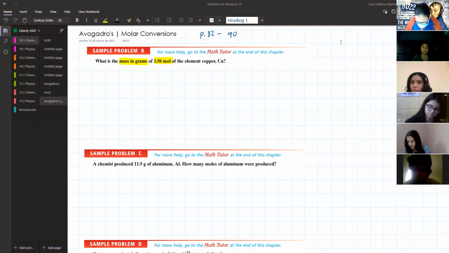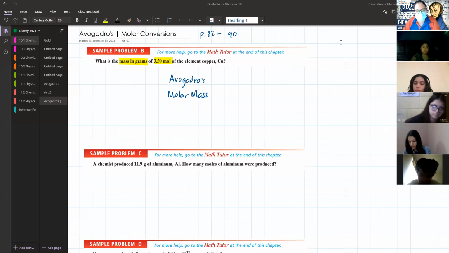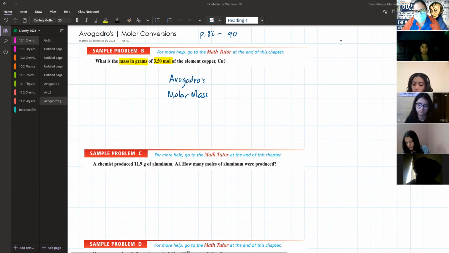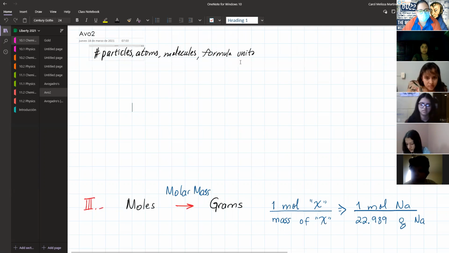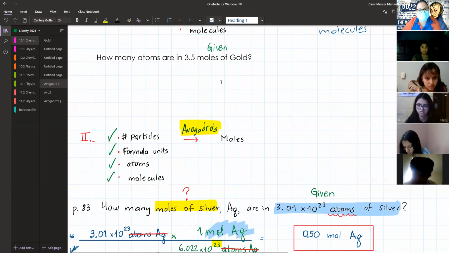Am I going to be using Avogadro's or molar mass? What should I use? Avogadro's. Okay, I will tell you like the other day.